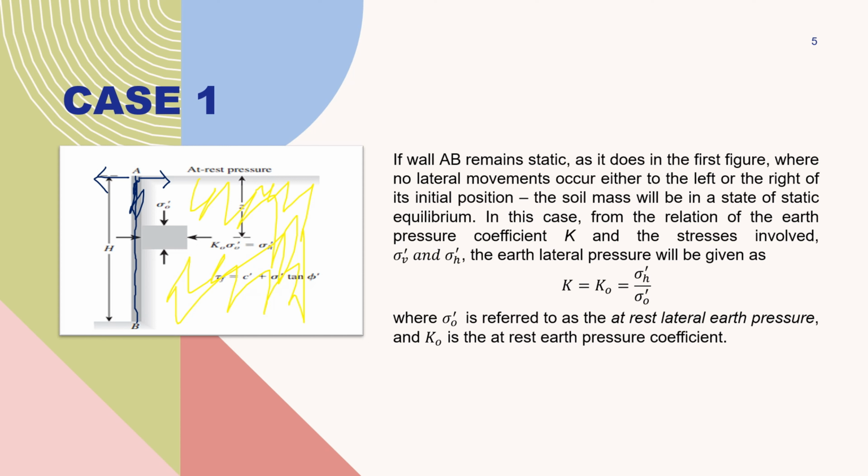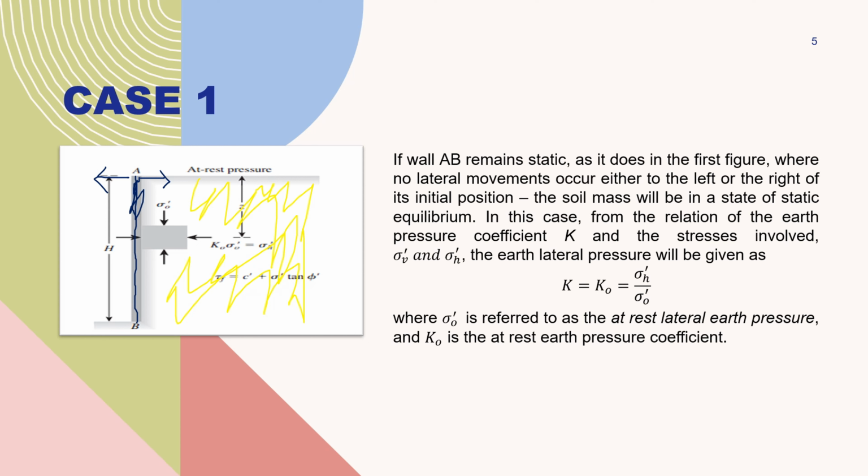So in this case, from the relation of the earth pressure coefficient and the stresses involved, we can make another relation where K is equal to K0 is equal to sigma prime H over sigma prime O, where sigma prime H is referred to as the at rest lateral earth pressure and K0 is the at rest earth pressure coefficient.